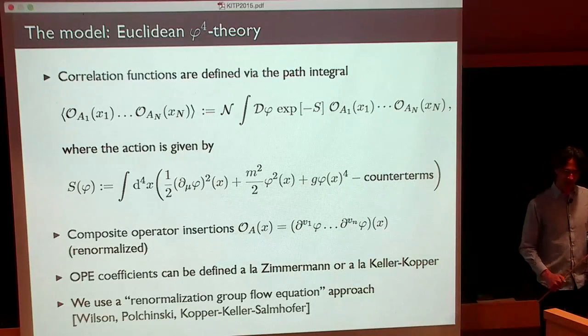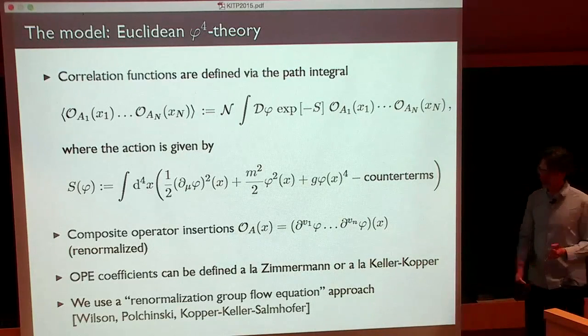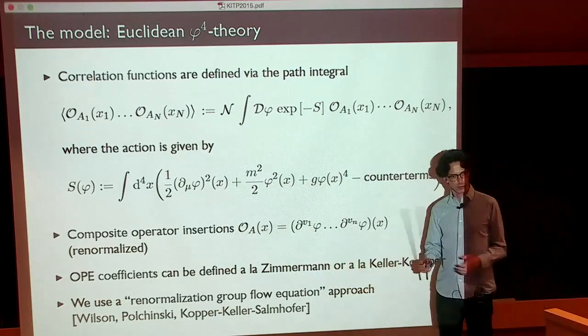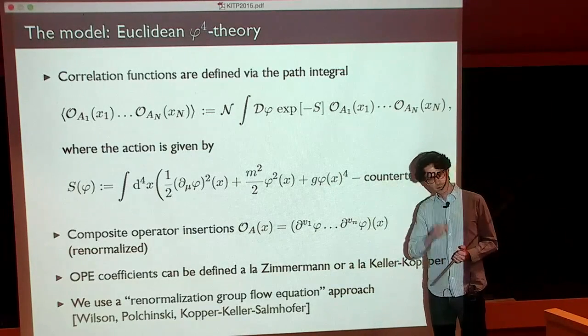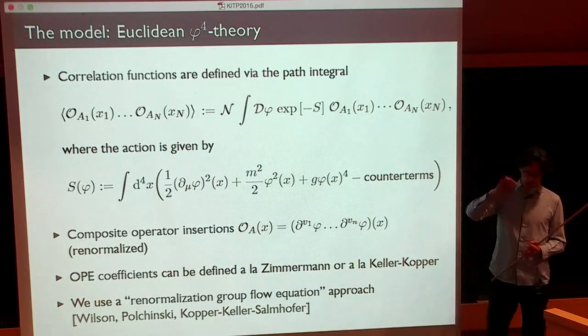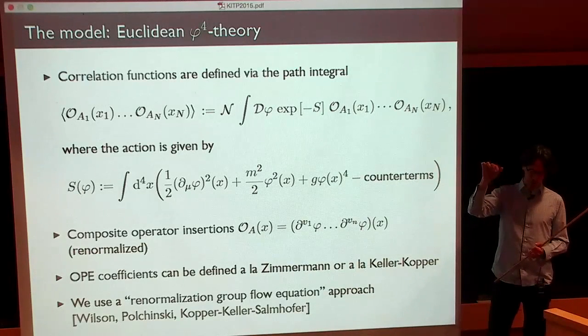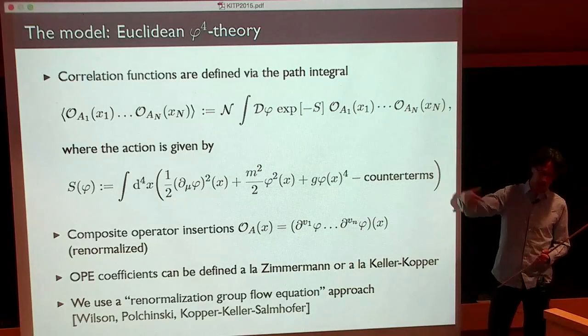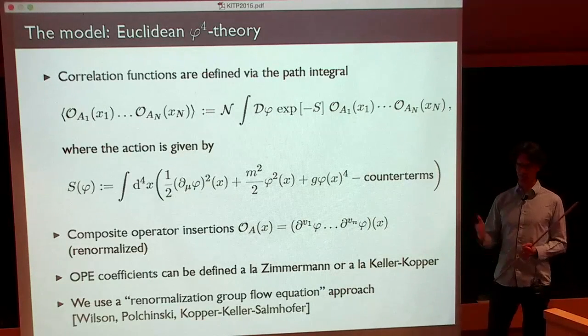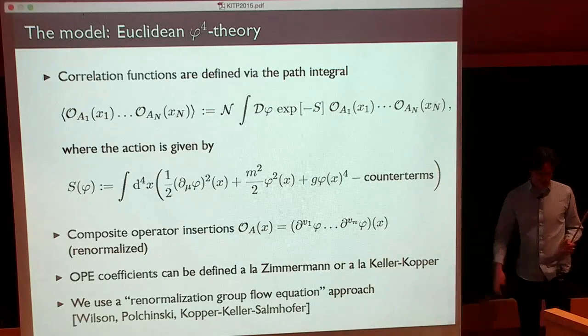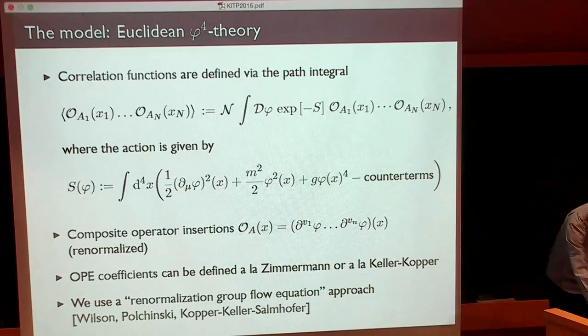And why do you need an infrared cutoff if you have a mass? Oh, that's just the method of this renormalization group flow equation. You define it like this, and then you differentiate everything with respect to this infrared cutoff, and then you derive a flow equation, which you integrate subject to boundary conditions, as explained in this beautiful 1980s paper.